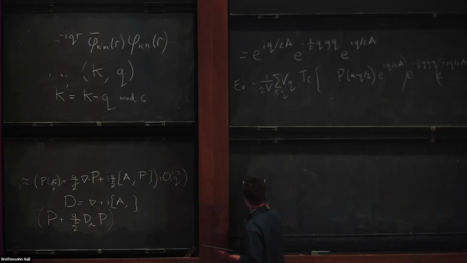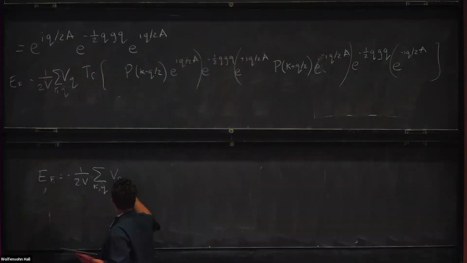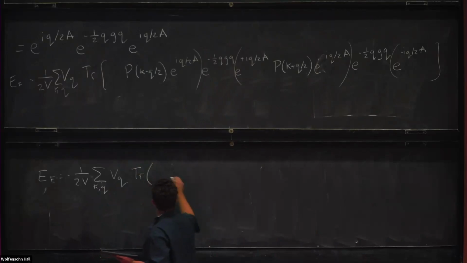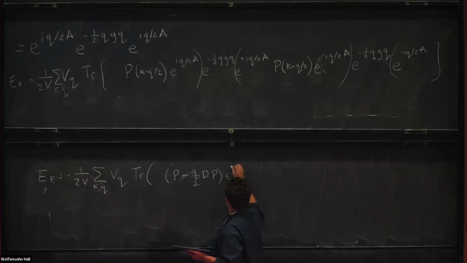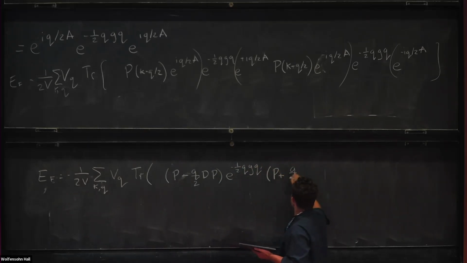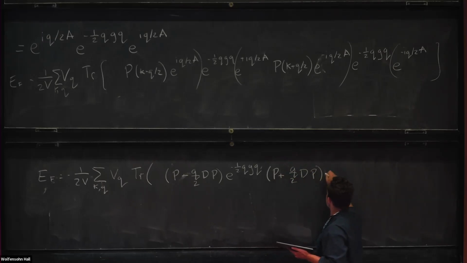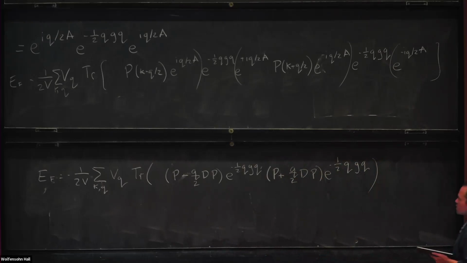And we find that the Fock energy is a sum over q of a trace of P minus q over 2 times e to the negative 1/2 q g q, and then P plus q over 2, the covariant derivative of P. Okay, so in general, this is a little bit complicated, but let me make one further approximation.